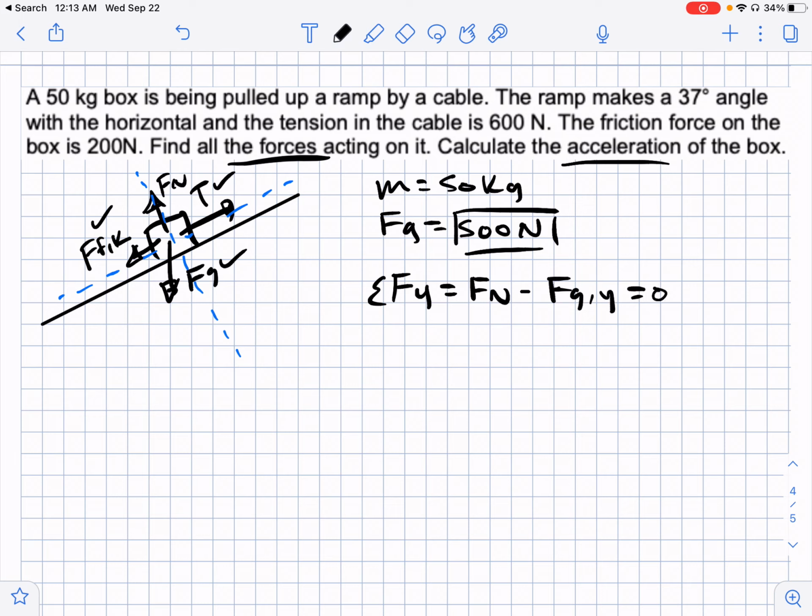And that's going to equal 0 because it's not accelerating off of the ramp, it's accelerating up the ramp. And so the normal force is just going to equal your y component, so Fgy.